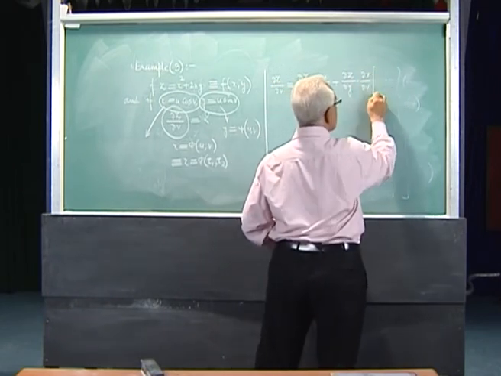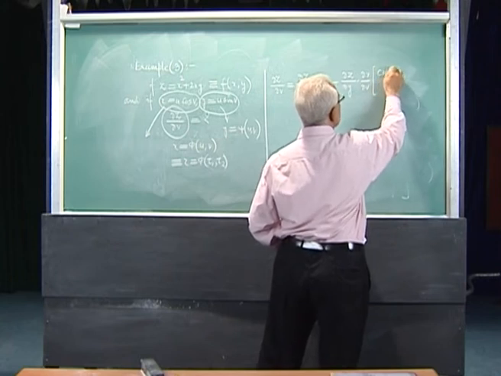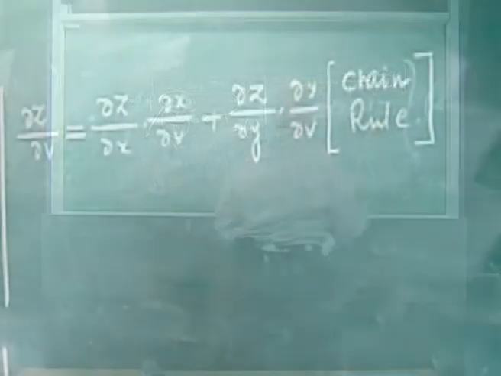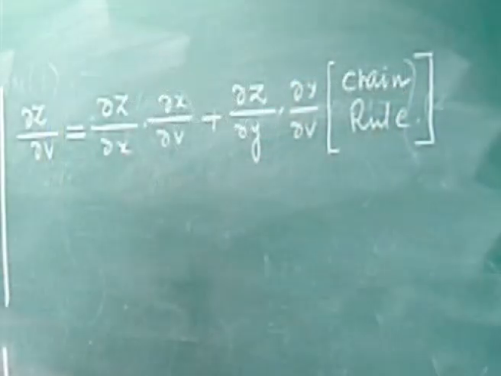For your reference, this is the chain rule that I am going to use. In chain rule I use all partial derivatives.